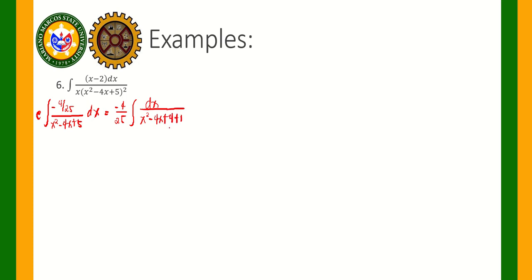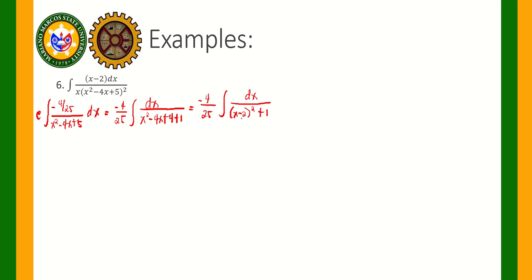Why did we do that? So that ito maging reducible, na makuha natin yung factors. And the factors of the quadratic equation is, that is x, this is a perfect square. So this is a perfect square trinomial. Tama. So this will be equal to x minus 2 squared plus 1.